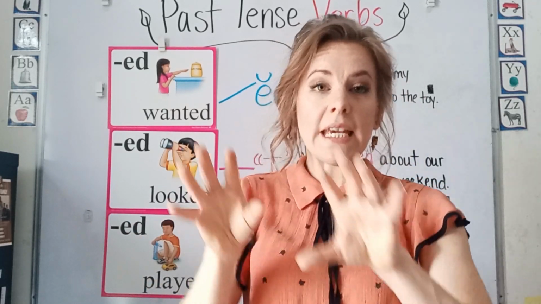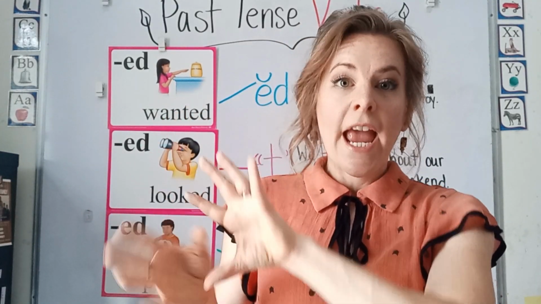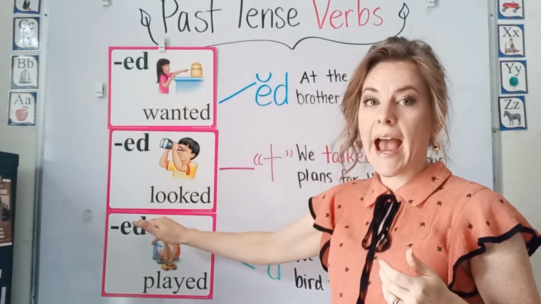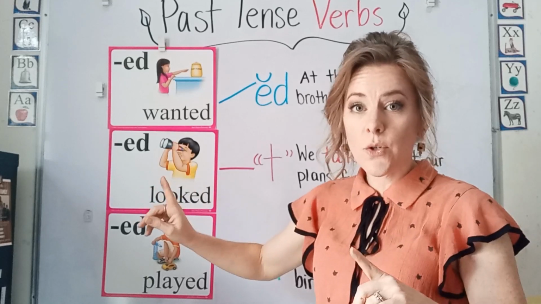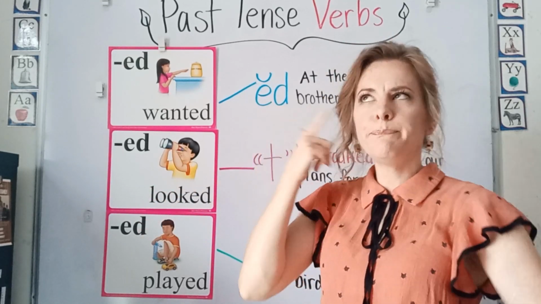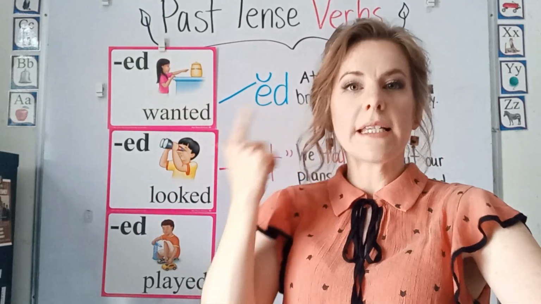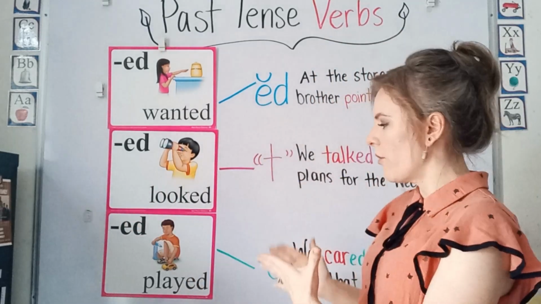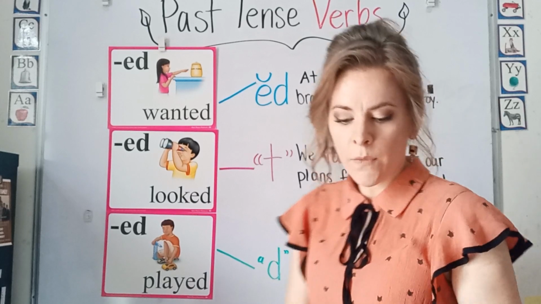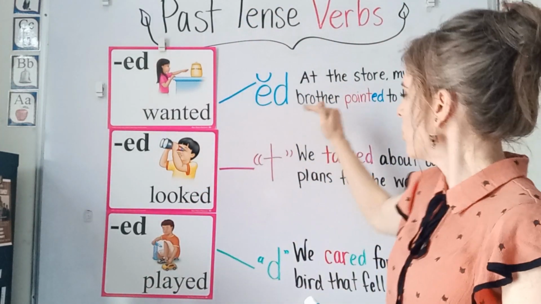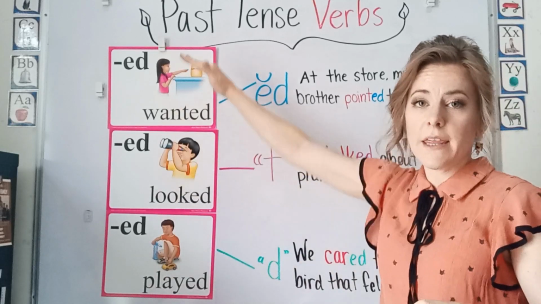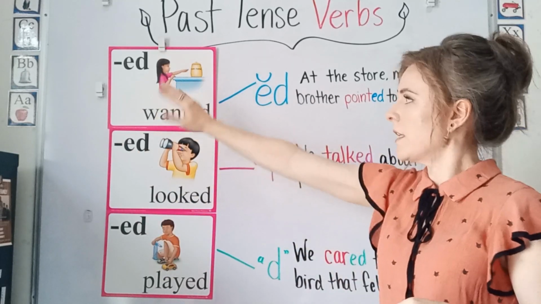So when you're changing a verb in your sentence to past tense, you will typically add an ed, but you'll need to know, what sound does this ed make? Is it ed, is it t, or is it d?